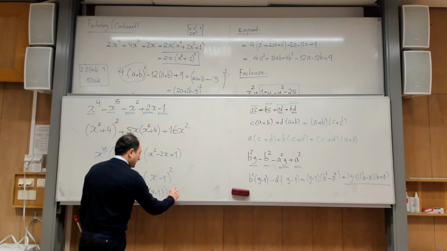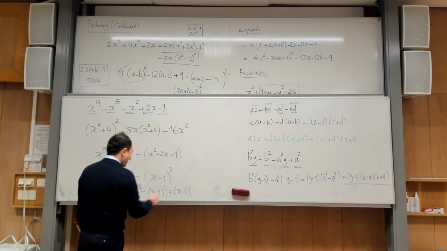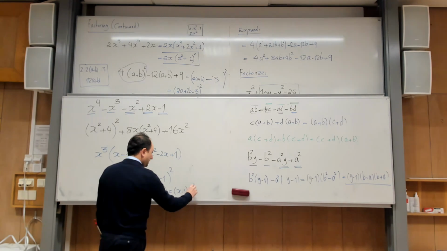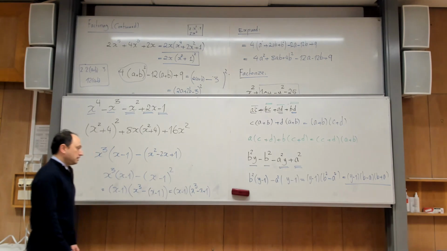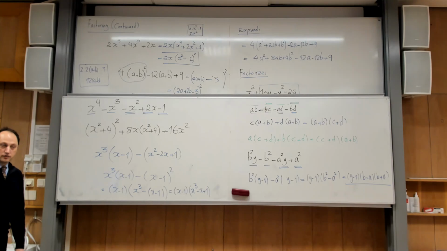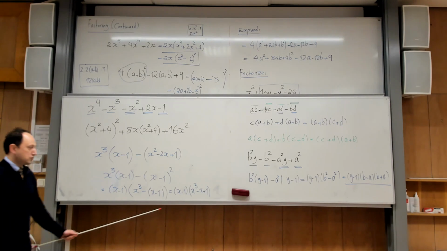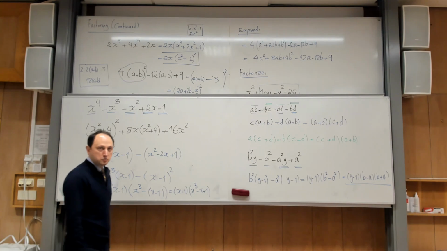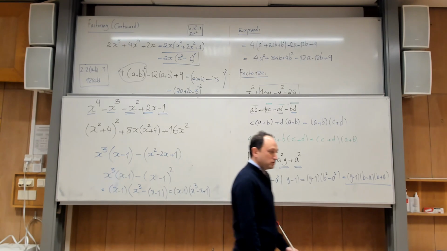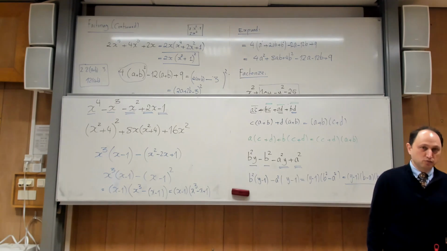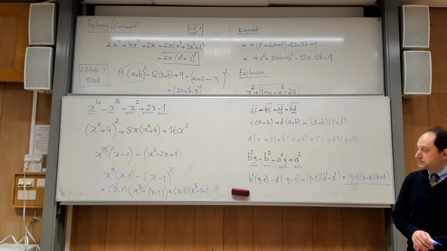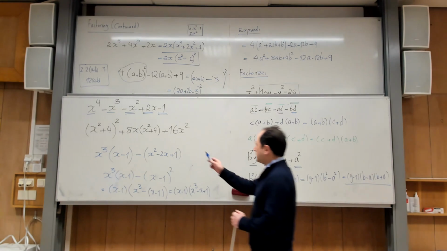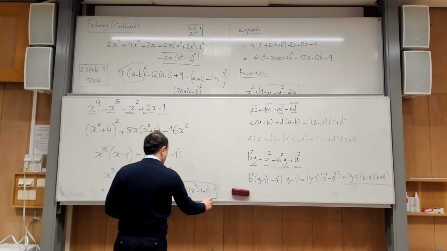So this becomes x minus 1, and then I have x to the power of 3 minus x plus 1. And that is a factorization of this. Of course, you might ask, how should I know that this cannot be factorized more? At this level, you don't know, but I know that this is not going to be factorized more in the set of real numbers. So this is the end of the problem.